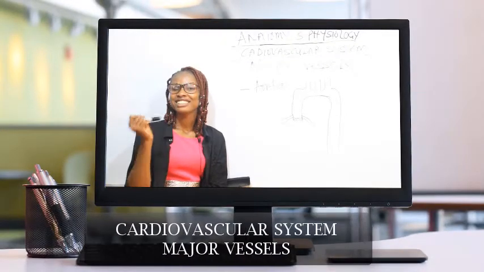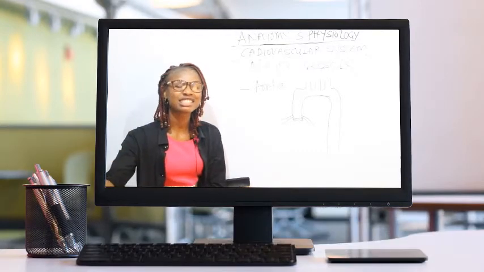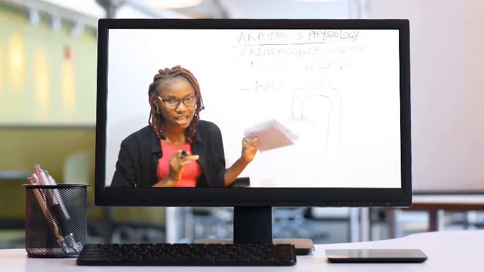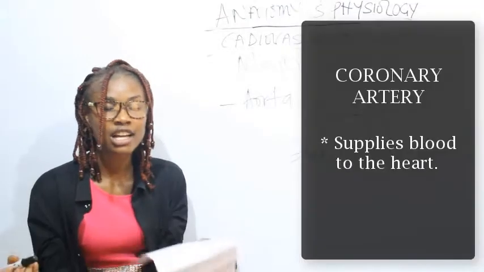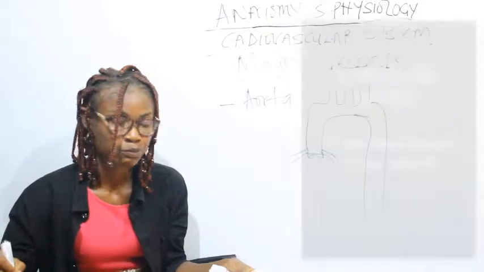Your screen, the diagram, I see an uploaded diagram. I'm using this to explain the major vessels like we talked about. You have coronary arteries. This coronary artery supplies blood to the heart.